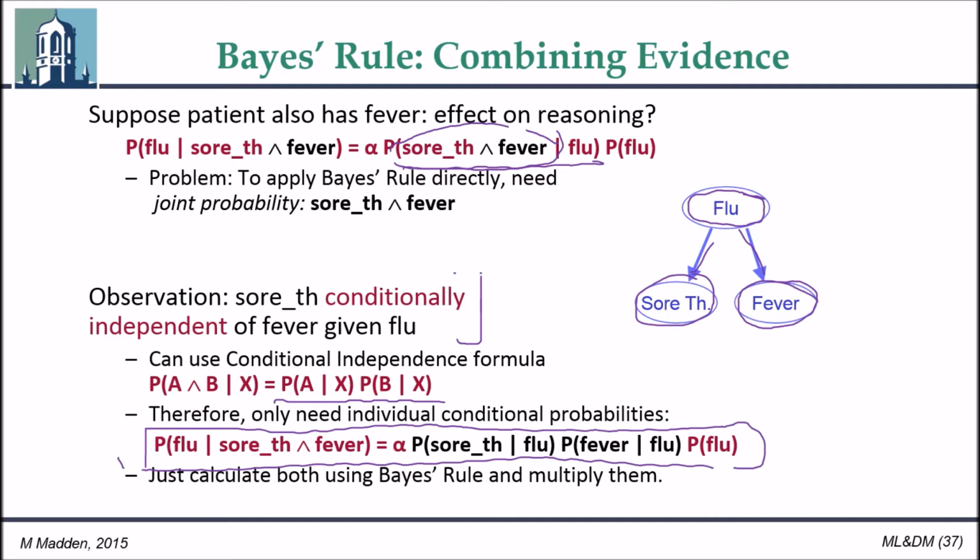And this step of observing or deciding that two variables are conditionally independent of each other is really important, because if these things were dependent upon each other, then our joint probability table would grow, and the number of calculations would increase proportionally to 2 to the power of n.